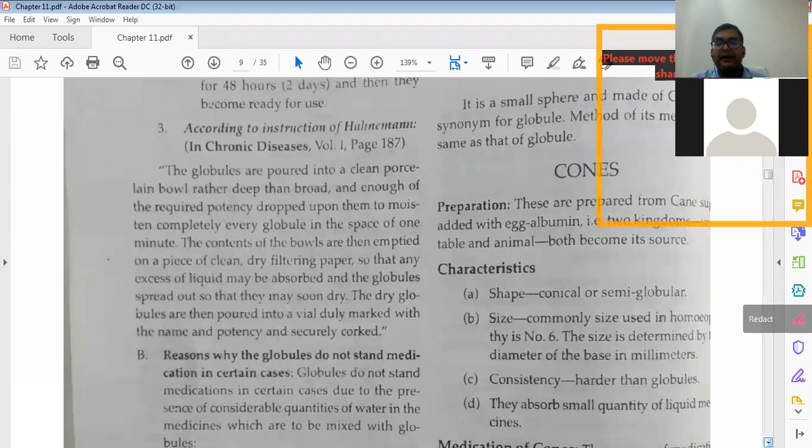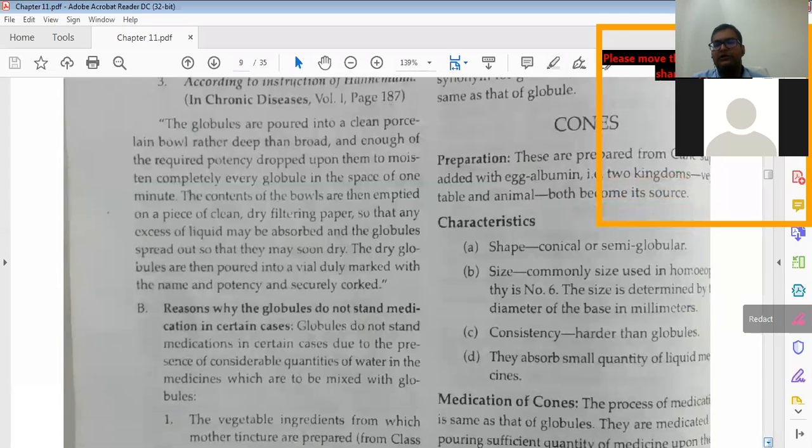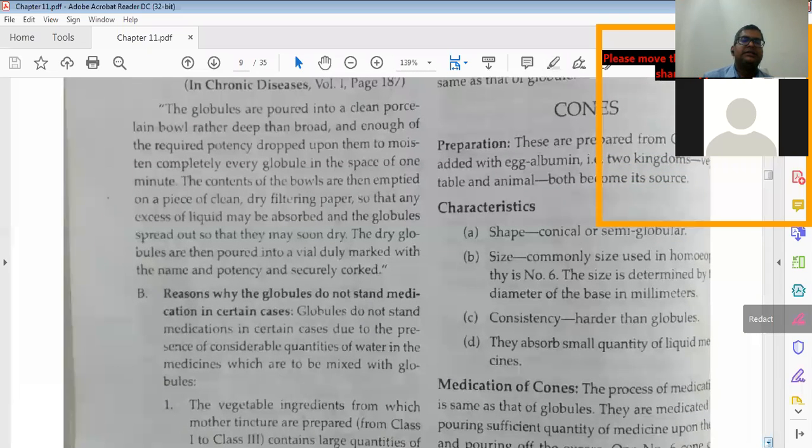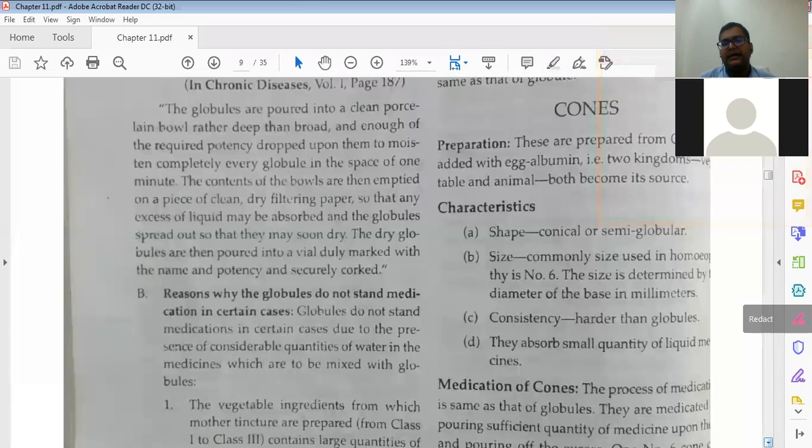These are prepared from cane sugar added with egg albumin. The question also comes: which vehicle is prepared from two kingdoms? One is the animal kingdom and the other is the plant kingdom. Both become its sources.